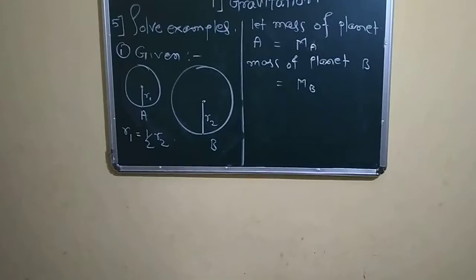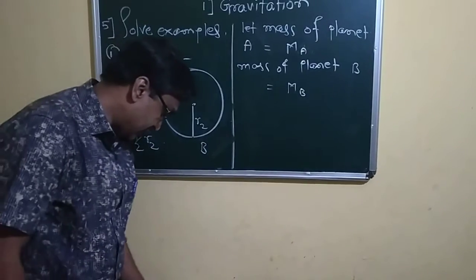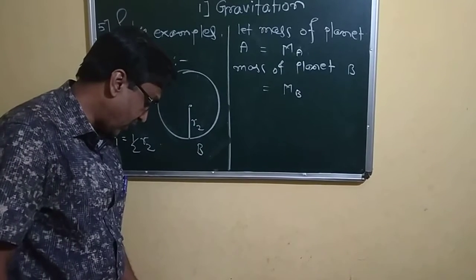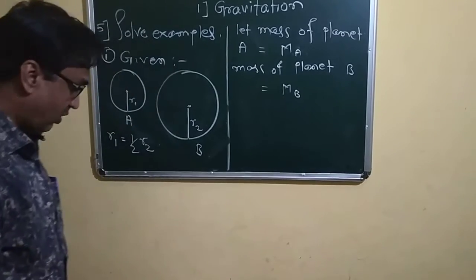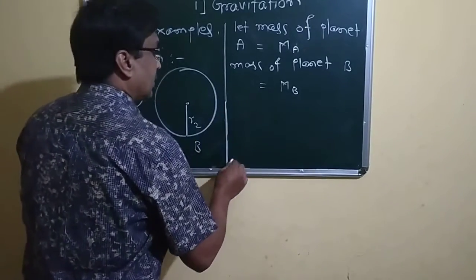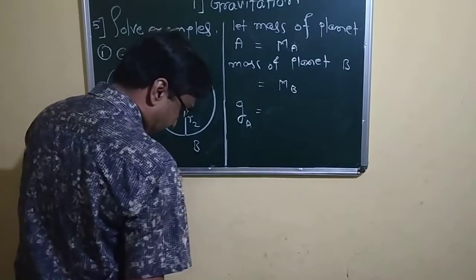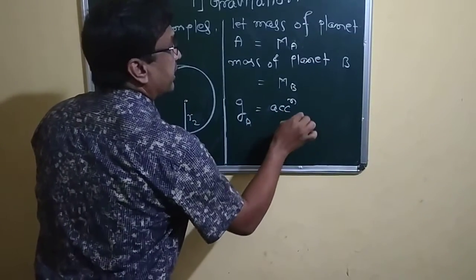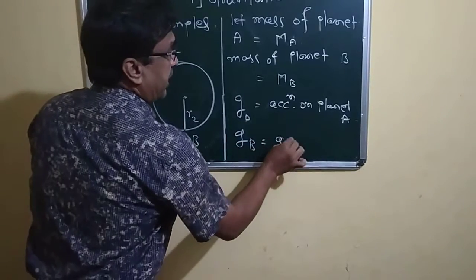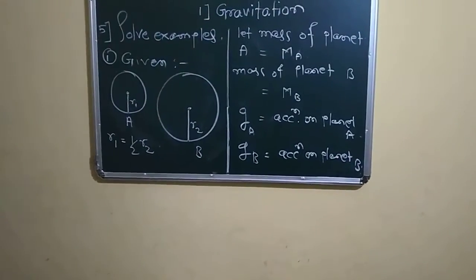In this situation, we have to find the acceleration due to gravity on planet B. What must be the mass of B so that the value of g on B is half the value of g on A? Here gA is the acceleration on planet A, and gB is the acceleration on planet B. These are the abbreviations we have to use.